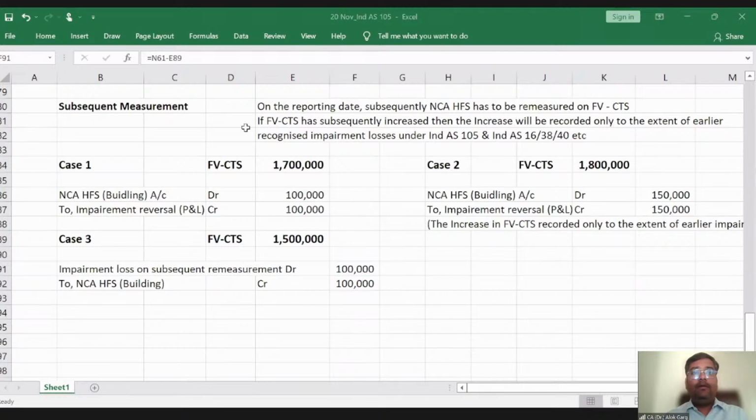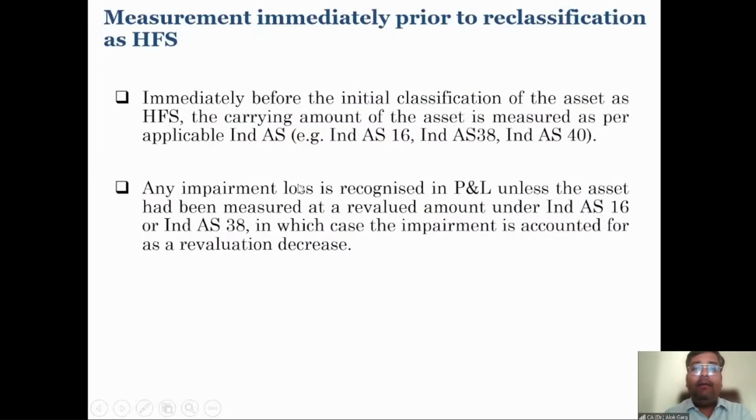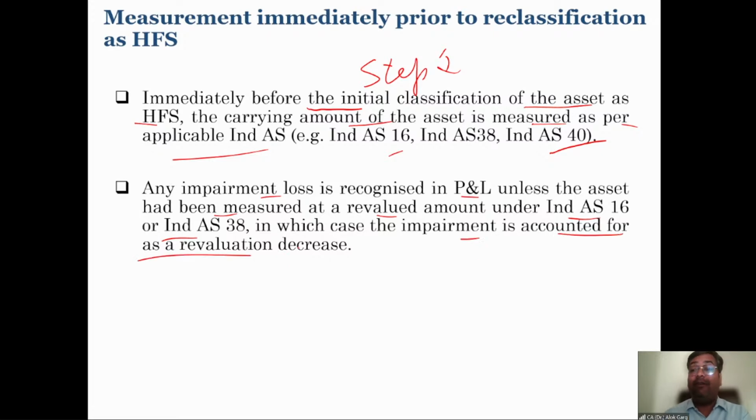Good. So friends, immediately before the initial classification of the asset as held for sale, the carrying amount of the asset is measured as per applicable Ind AS, which is 16, 38 or 40, which is your step number 1, right? Any impairment loss is recognized in P&L unless the asset had been measured at a revalued amount under Ind AS 16 or Ind AS 38, in which case the impairment is accounted for as a revaluation decrease.